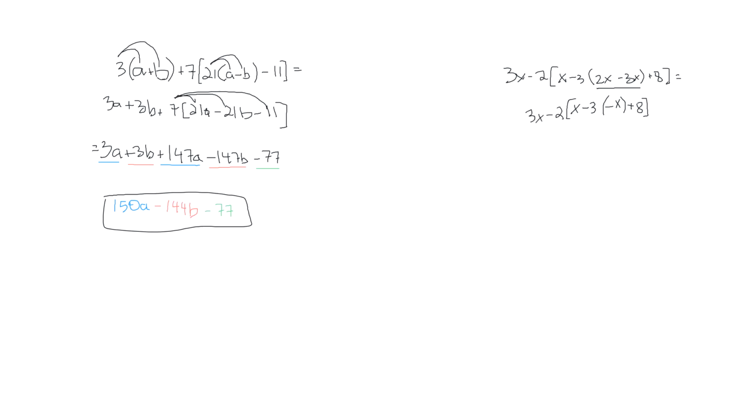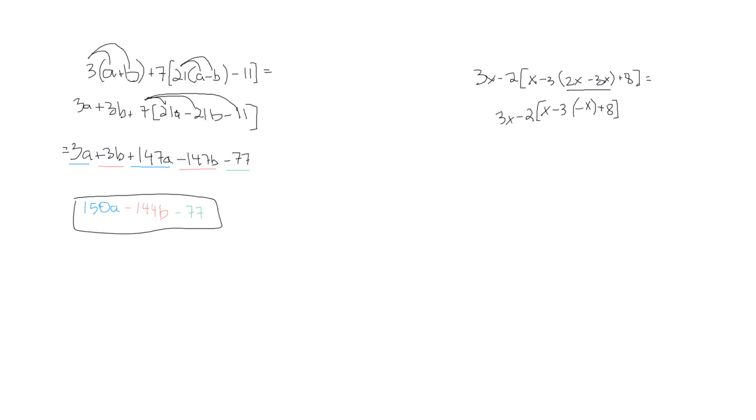Okay. So I'm going to rewrite what is in the brackets before I multiply it by the 2, because it looks all yucky. x minus 3 minus x plus 8. Now inside the brackets, I'll combine what I can. I have an x minus x.